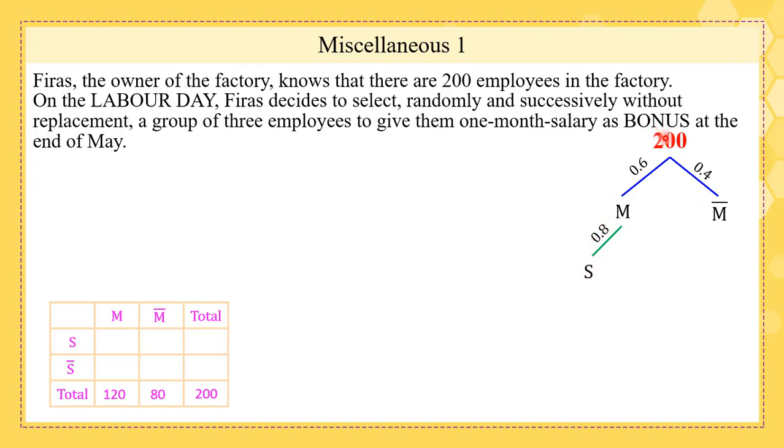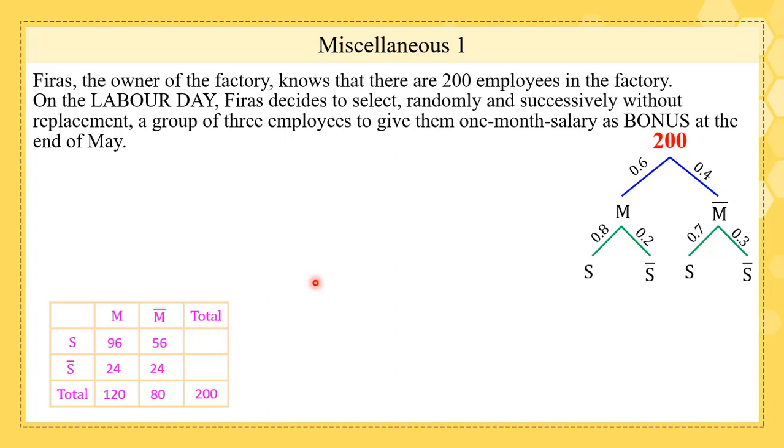So 80% not of 200, but 80% of the men, which means that 80% of the 120, which is 96, are single. And if 96 are single, we're going to have 24 non-single, as you see here. And out of the women, we know that 70% are single. So out of the 80 women, 70% are single. This means that 56 women are single. Consequently, 24 are not single.